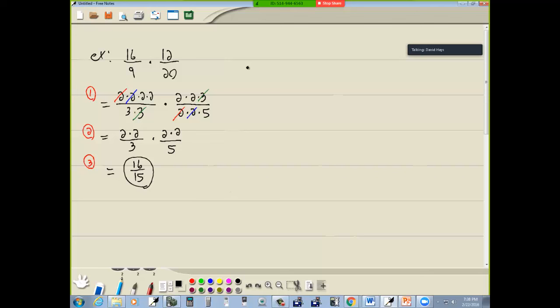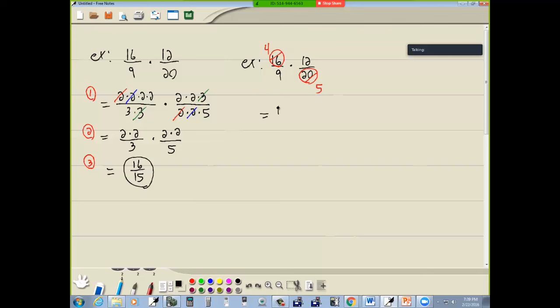Now, another way you could do that is if you're pretty good at seeing the numbers, you look at a number on top and a number on the bottom that both can be divided by the same number. For example, here's 16 and here's 20. Those are both divisible by 4. 16 divided by 4 is 4. 20 divided by 4 is 5.